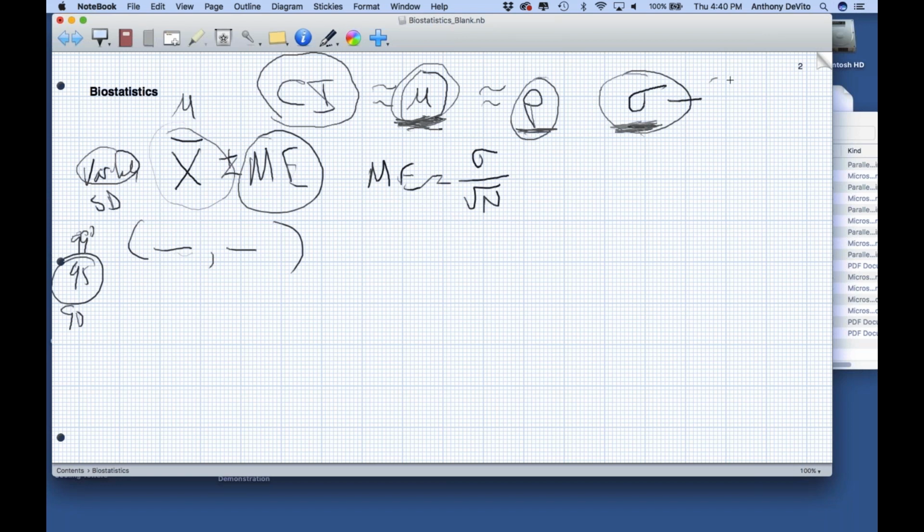If we don't know what the standard deviation is, then the only way we can get a handle on it is to take a look at the standard deviation of the sample and use that instead of the standard deviation of the population. Because like x bar approximating mu, the standard deviation of the sample approximates the standard deviation of the population.